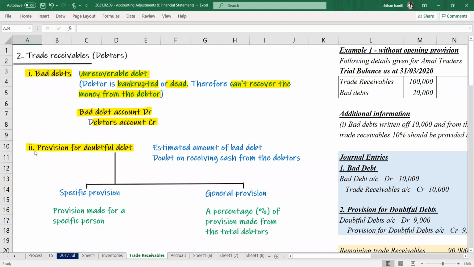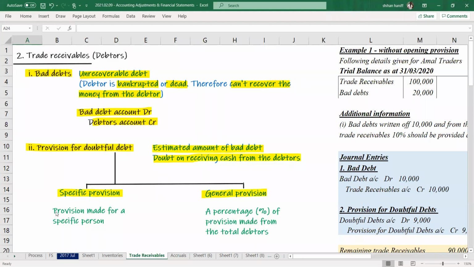Right? So the second part is provision. Provision for doubtful debt means it is an estimated amount of bad debt, or a doubt on receiving cash from the debtors. And the doubtful debt, you can divide into specific provision and general provision.